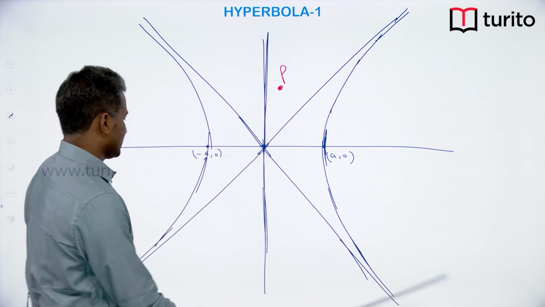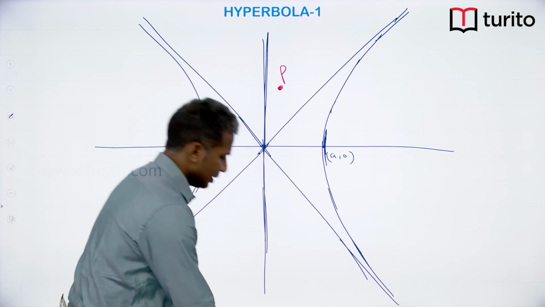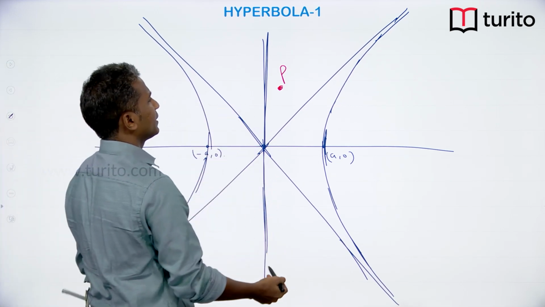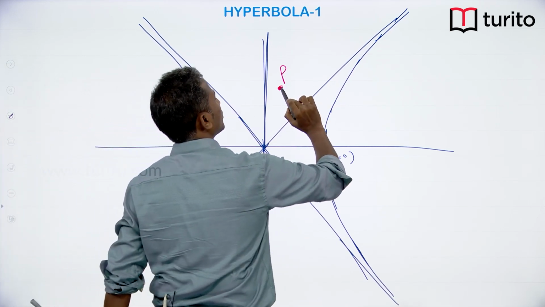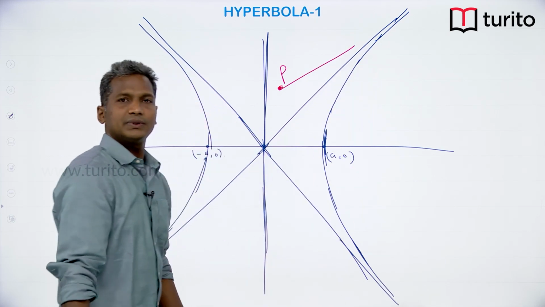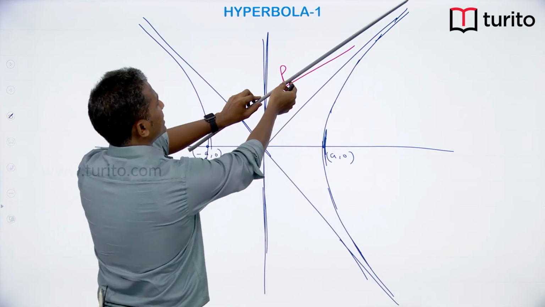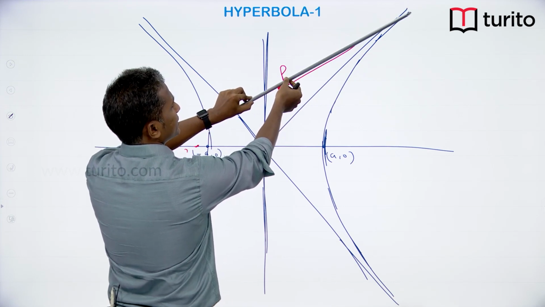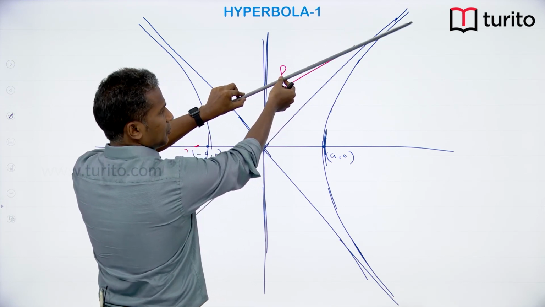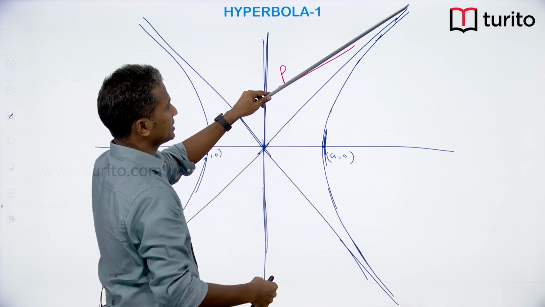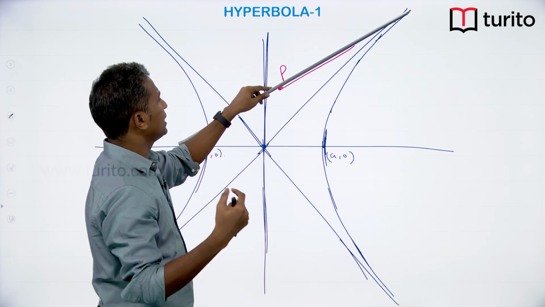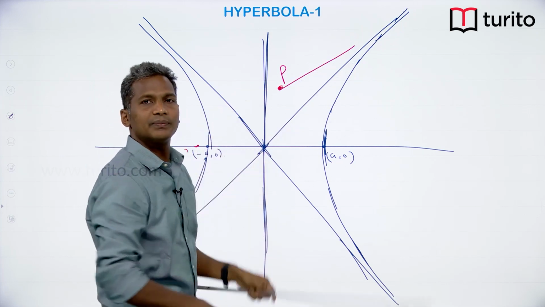So, from the point P, if you are thinking we can draw a tangent like this, let us just imagine a line like this. Now, when I am tilting and rotating this, you can notice that this line with the stick is going to intersect the asymptote.